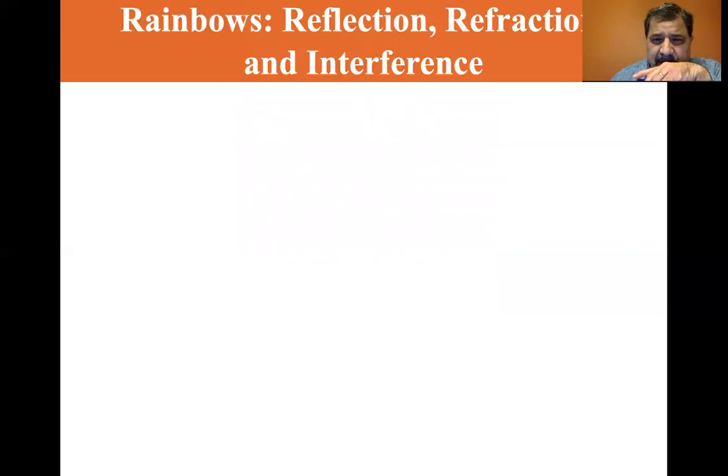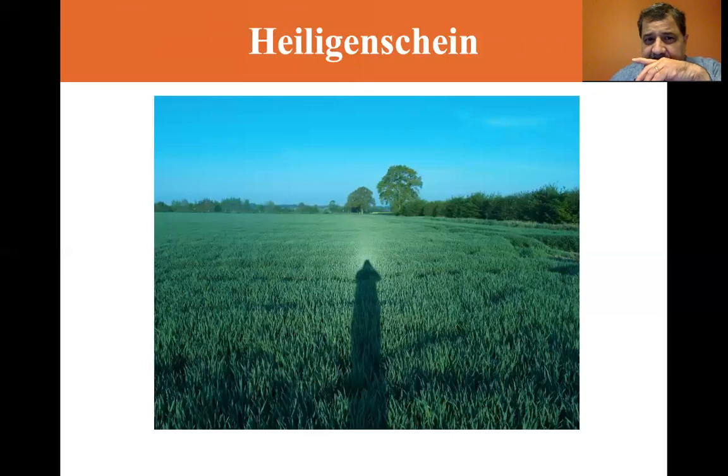Why isn't it showing these? Oh, there it is. The Heiligenschein, I forget how they explain it. It's like looking at dewdrops in the morning. I'm not really familiar with this, but I'll read what it says. When you glance at your shadow on dew-encrusted grass, you're observing Heiligenschein.